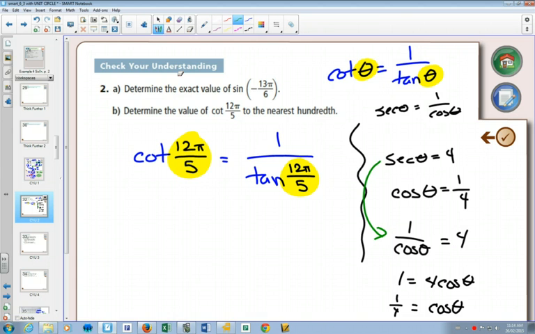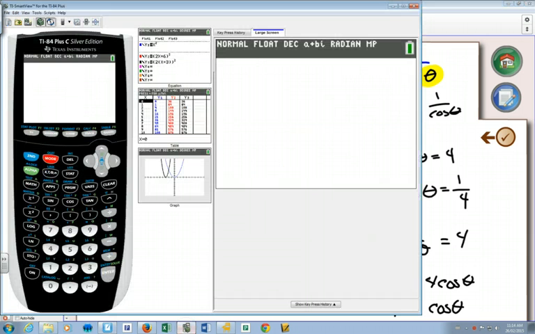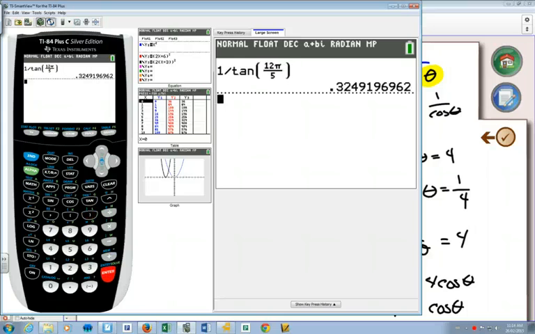So on your calculator, now that you've changed to radians, and we do have tan on our calculator, 1 divided by tan, if you wanted to use that fraction button, 12 pi divided by 5. 0.324.